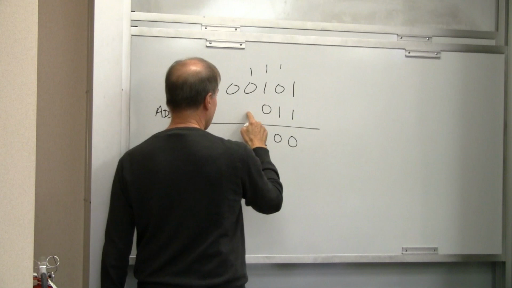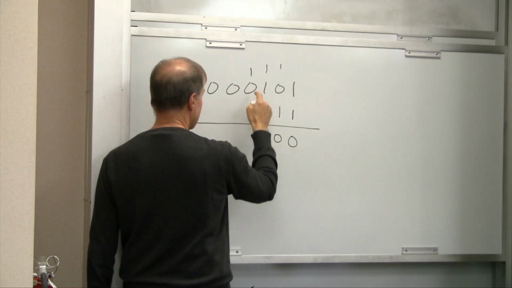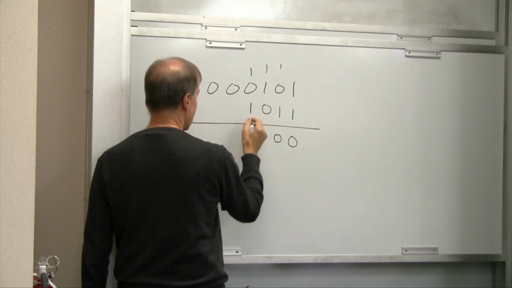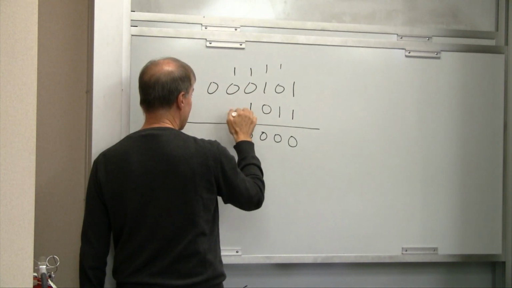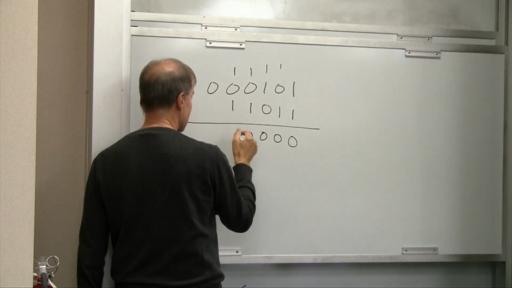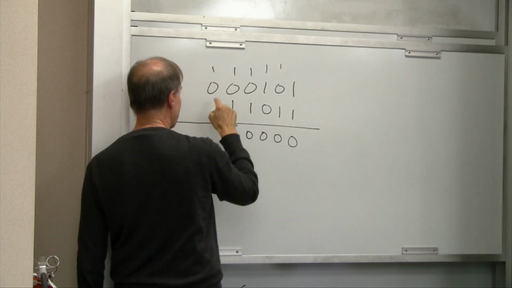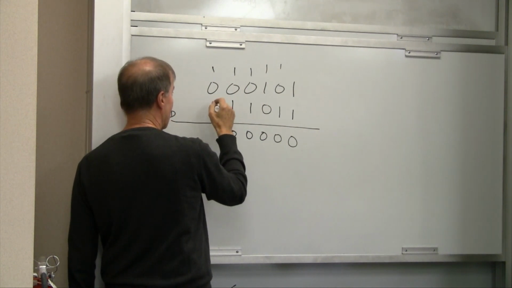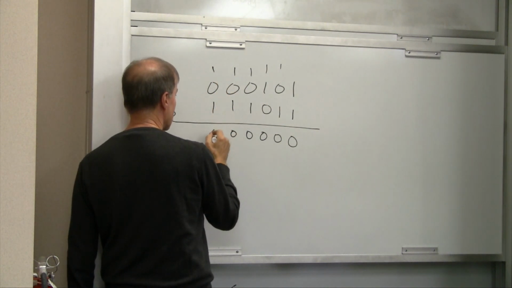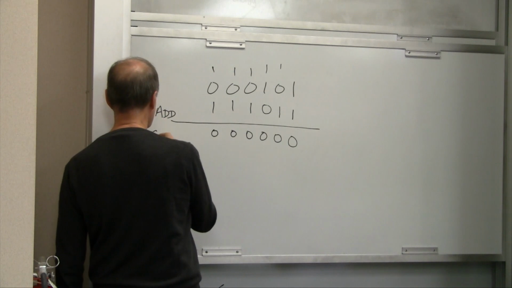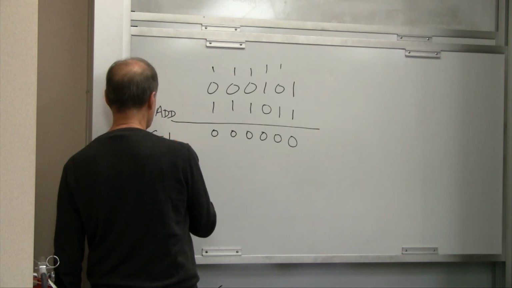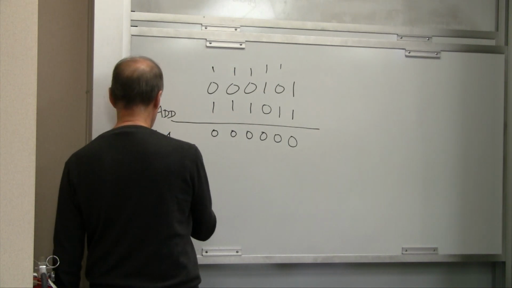Now what would have to be here? 1. So 1 plus 0 plus 1 is 0. So what would have to be here? 1. 1 plus 0 plus 1 is 0. Carry the 1. And what would have to be here? 1. So 1 plus 0 plus 1 is 0. And what would happen? C would be 1. And what would Z be?